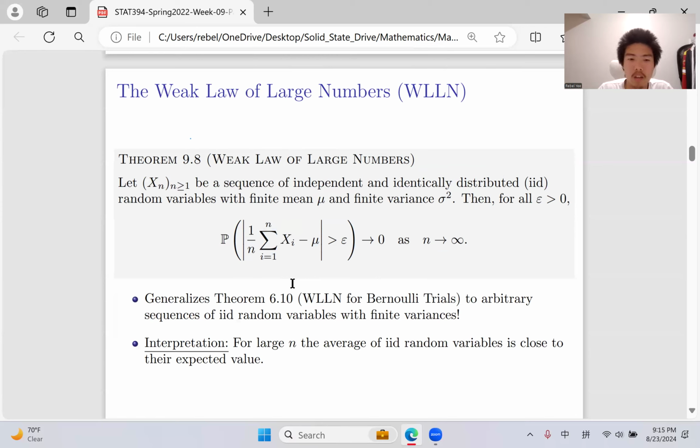Okay, let's think about some examples. I think the easiest example is Bernoulli trials, like coin tossing. For example, if you toss a coin 100 times, you may find 44 heads and 56 tails. Yes, it's possible.